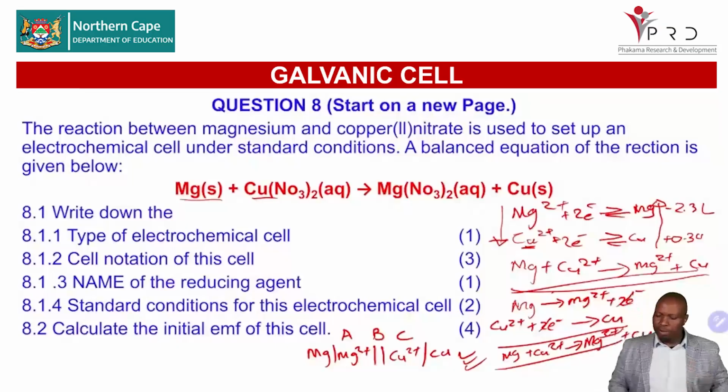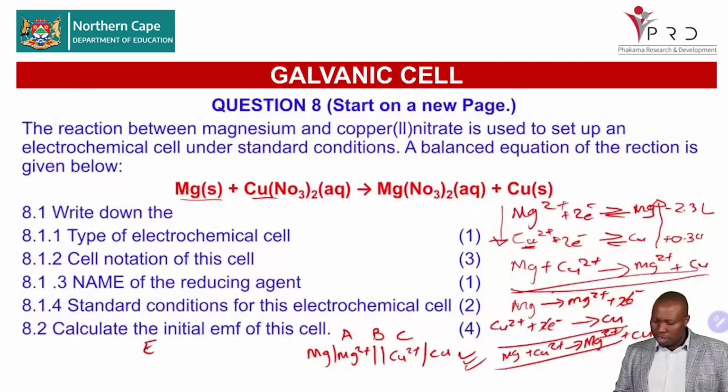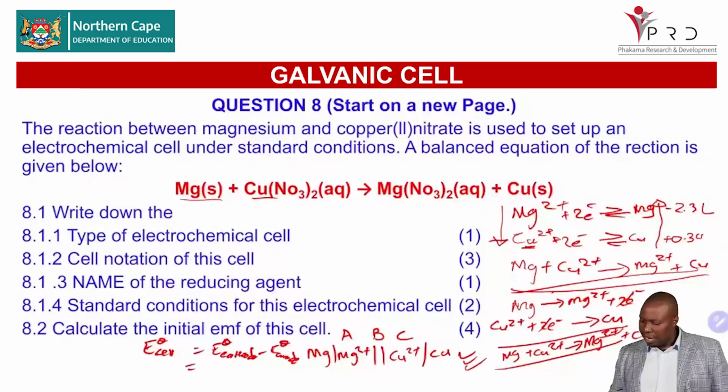And then you can calculate the EMF as well, because we're saying E of a cell equals E cathode minus E anode. So you're able to do that. Your cathode is always the bigger number, which is your 0,34, minus your anode, in this case negative 2,36.